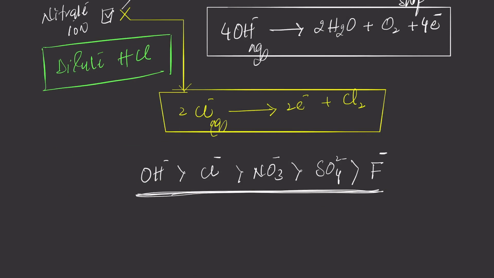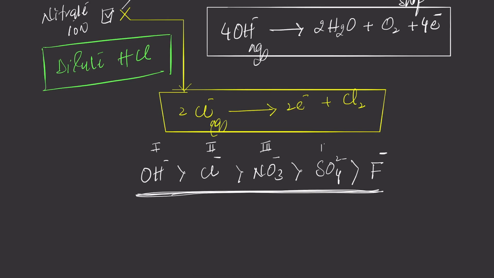If a solution contains all these 5 types of ions, the most powerful ion that will go to the anode and lose electrons is the OH- ion. The second most powerful ion will be the Cl- ion. When the concentration of Cl- ion ceases, then the nitrate ion will approach the anode.